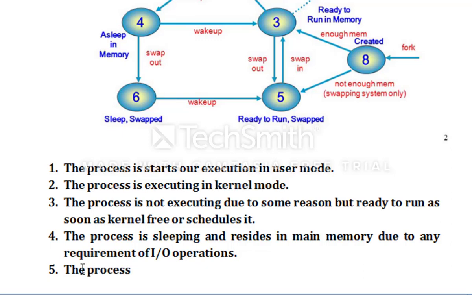In step 5 the process is ready to run. As you can see here in step 5, the process is in the ready to run state, but we need to swap it in from 5 to 3.